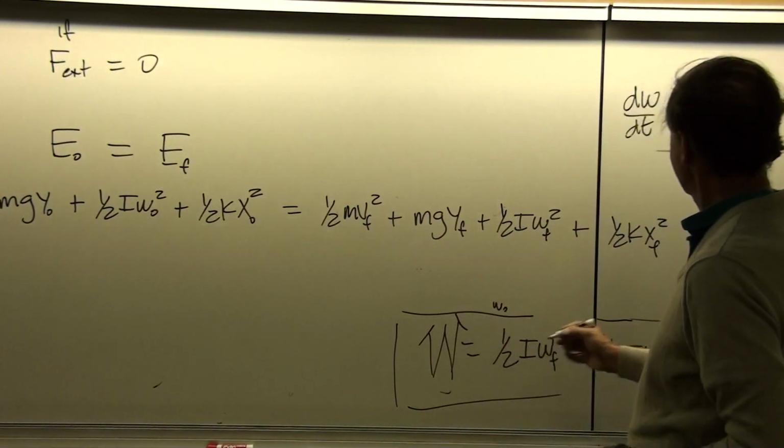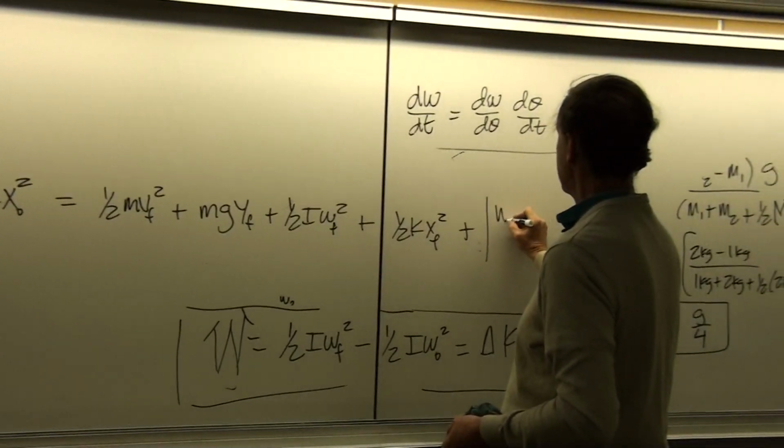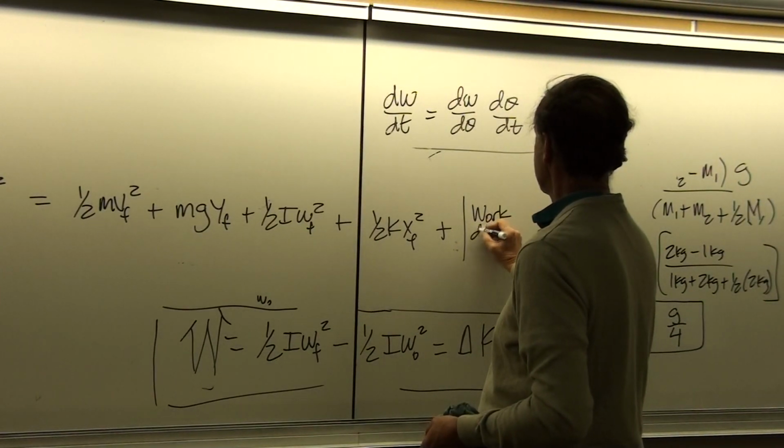And then if we also have friction in the problem, then we can add plus the absolute value of the work done by friction.